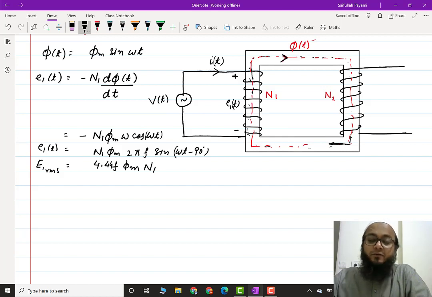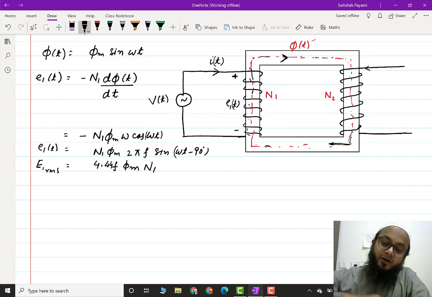So what will be the direction of the induced EMF? Flux is increasing. If current goes into it, as per my right hand rule, it will actually assist. For that, this terminal has to be negative and this terminal has to be positive.